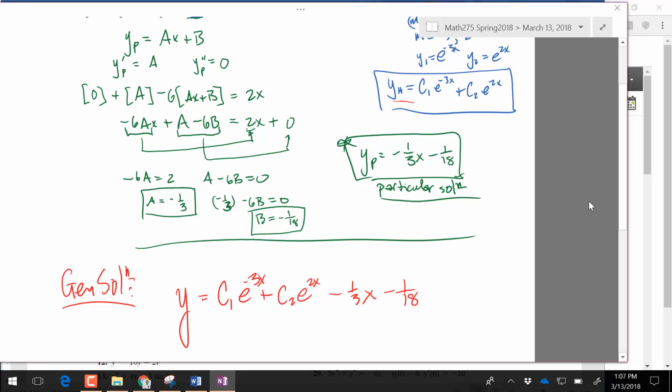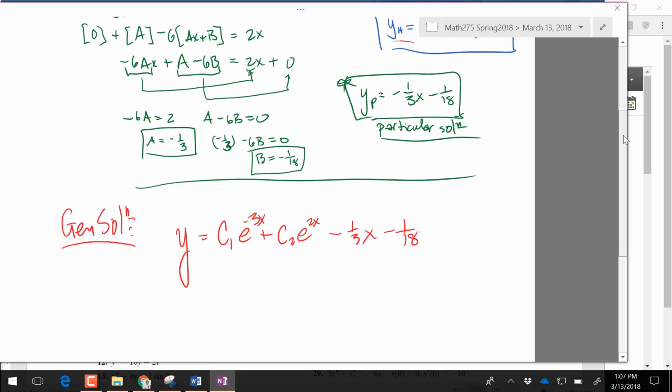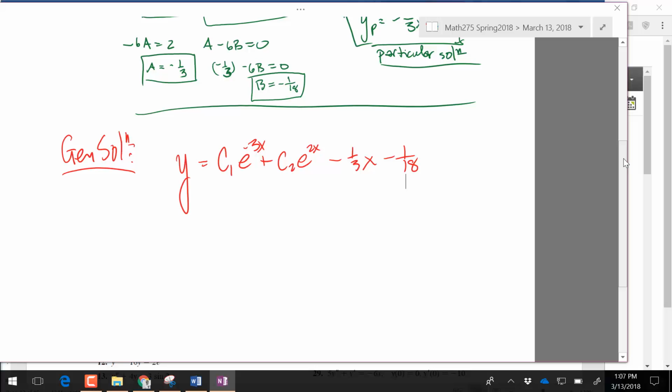So let's do that this one time only. So check, see if this actually does work. So I need a couple of derivatives. I'm going to come up with negative 3c1 e to the minus 3x plus 2c2 e to the 2x minus 1/3.